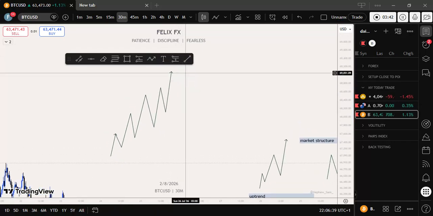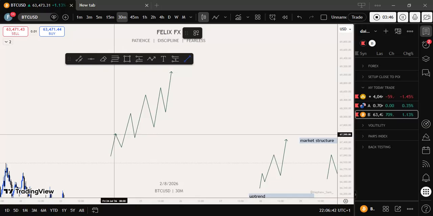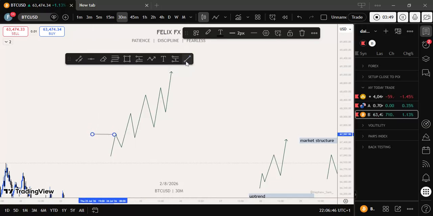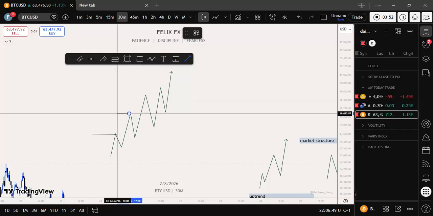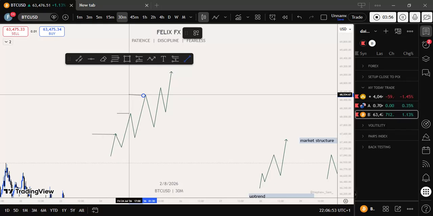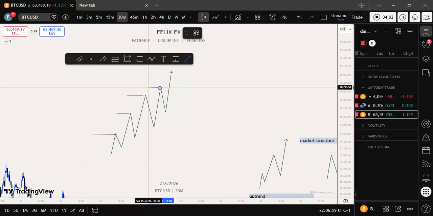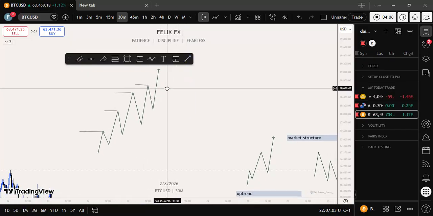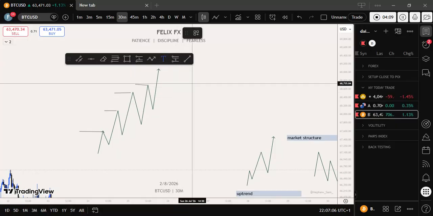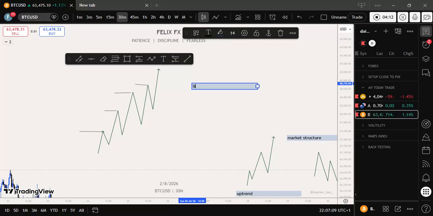All these zones here are what we call higher high, your higher highs, which you can identify as your bullish markets.